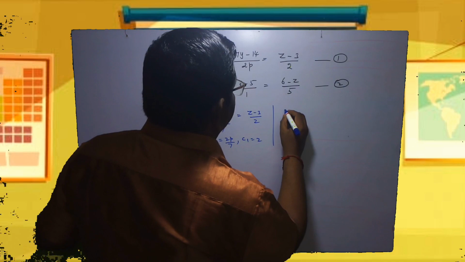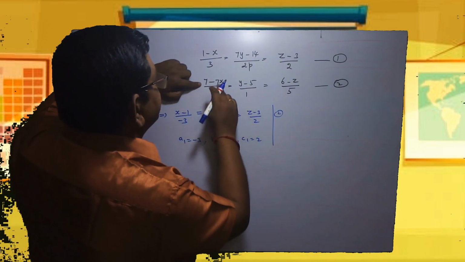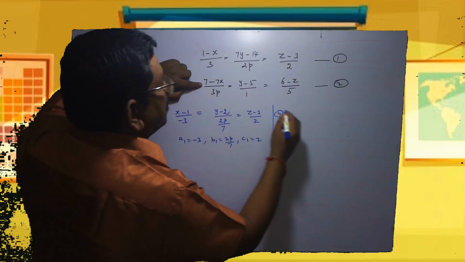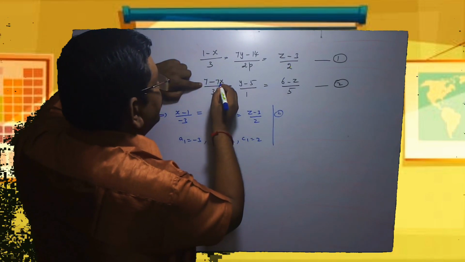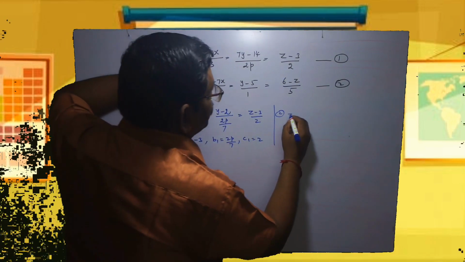Let us write the second equation. Here it is not in the proper order. 7 minus 7x is there, so we can take this 7 common, and here x is negative, x must be positive, so we can take minus 7 outside.